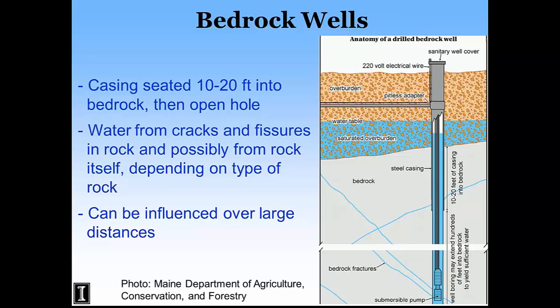In those cases, what happens with your well may influence someone pretty far away if you're in the same fracture and only a few wells are using it. It's kind of interesting in a way. It's also frustrating. You can drill a well that may not produce, where someone very close to you may have a well that produces enough water for irrigation, for instance, and you're using the same aquifer.